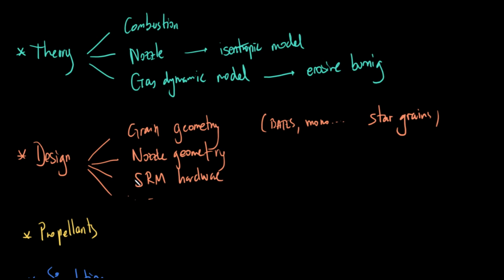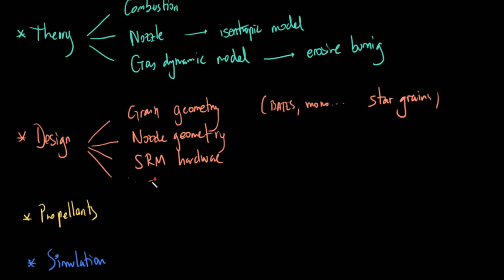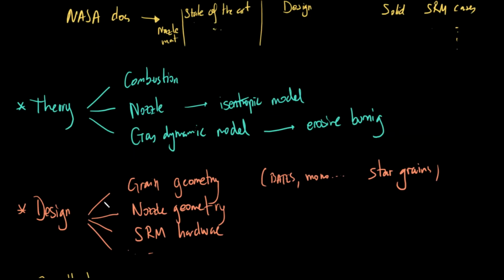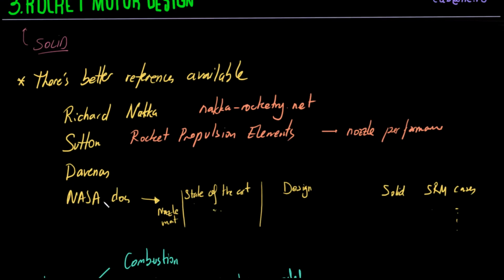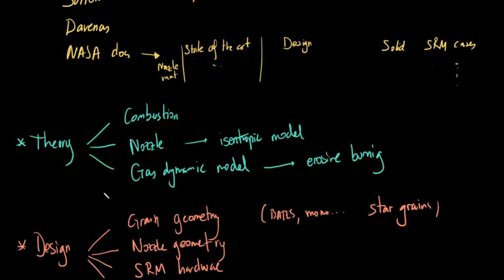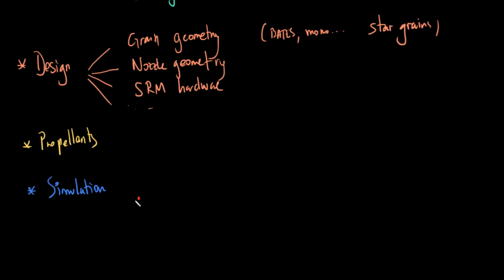But what I mean is simulation of a solid rocket motor is not as precise. It's much more experimental. Maybe we set up a super nice gas dynamic model and we predict that the thrust time curve is like this, and then we test it and it's more like this. It's harder to predict, so it's much more experimental.